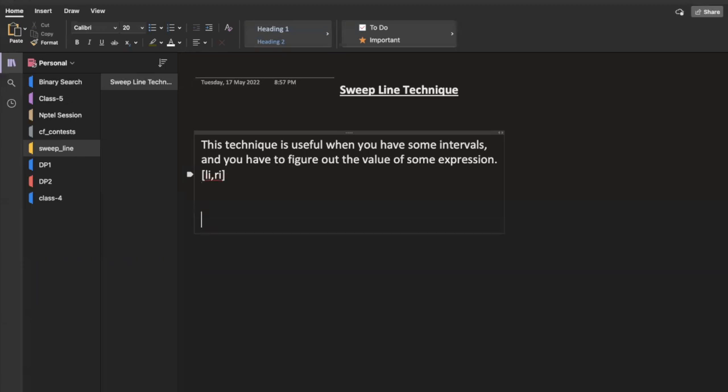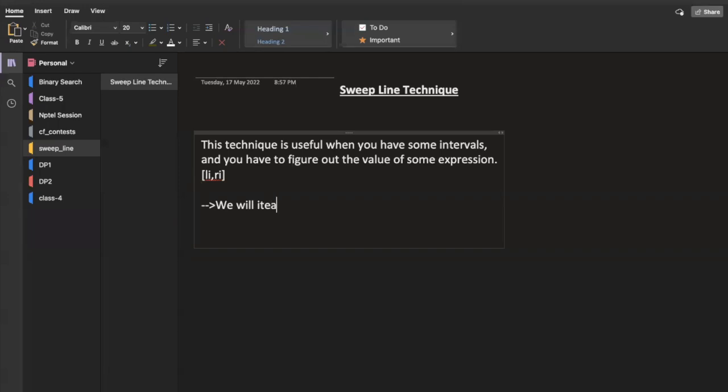Now, what exactly is the sweep line technique? In the sweep line technique, we iterate on some x coordinates and try to maintain some information.